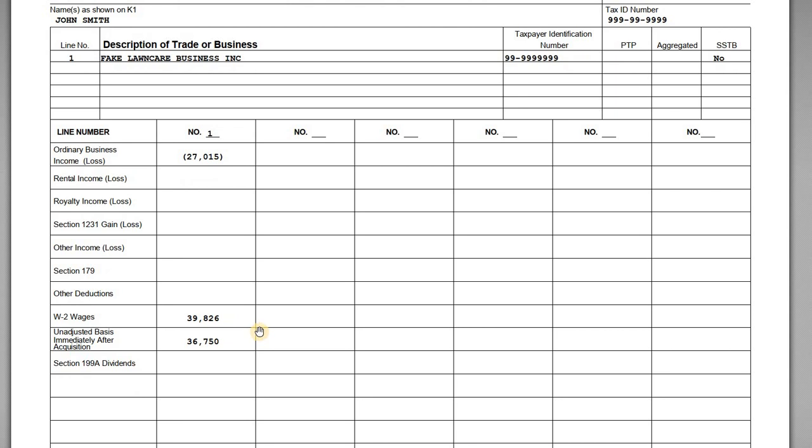And then an allocation of the W-2 wages that were paid during the year, and then an allocation of the unadjusted basis of property, right? So the fixed assets on the balance sheet, effectively, that's John's 1/2 allocation of those assets, and those amounts are relevant because you need to know that in order to figure out any kind of phase-outs that might apply.